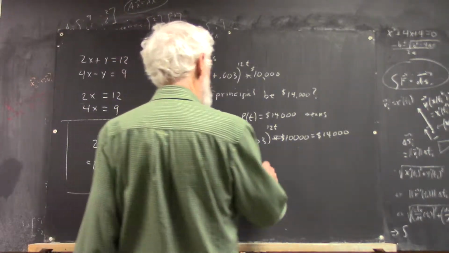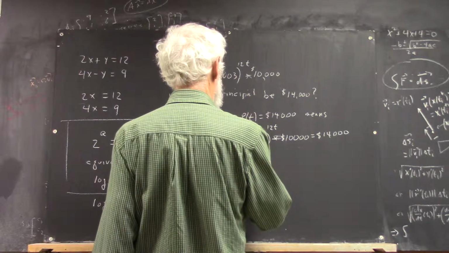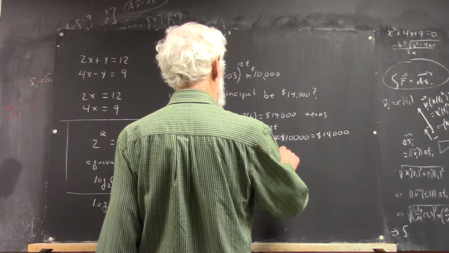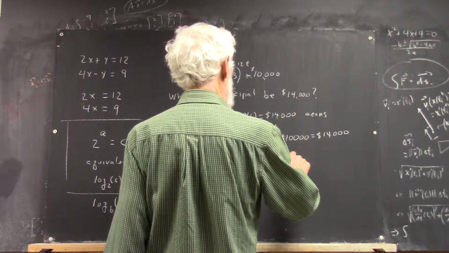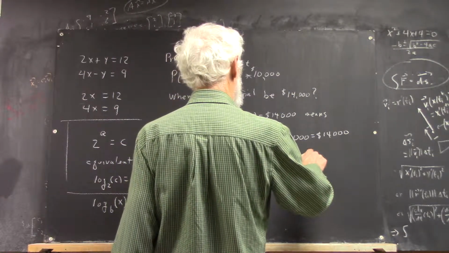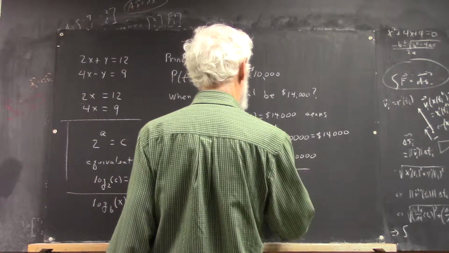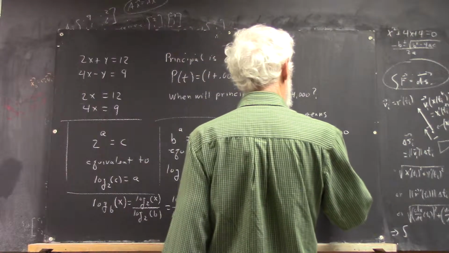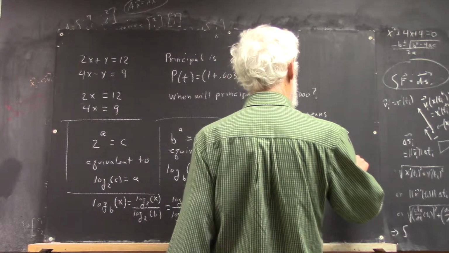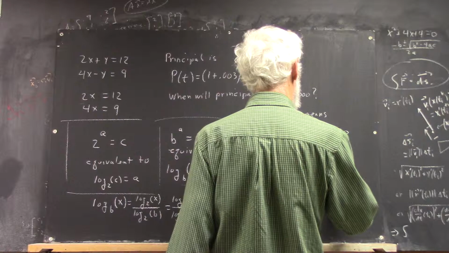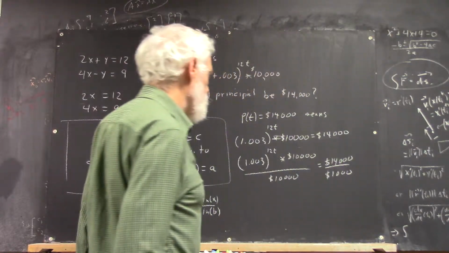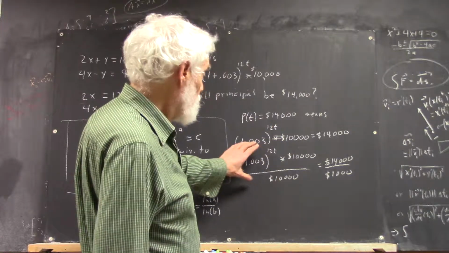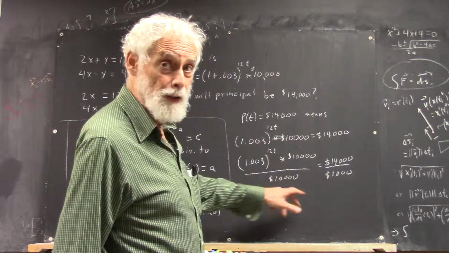So we get, if we divide both sides here by 10,000, well, we're going to be able to rearrange this to give us 10,000 divided by 10,000, which is just 1.